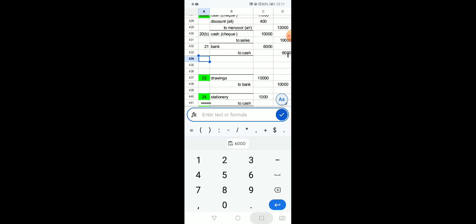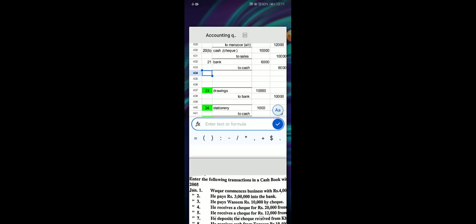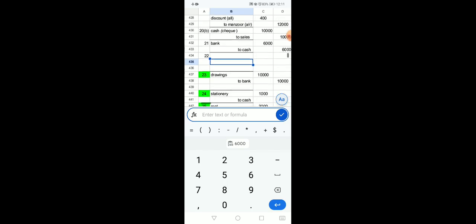Now let's see what is after the 21st. That is 22. 22 is saying he draws a check for office use. When you draw a check, what will happen?